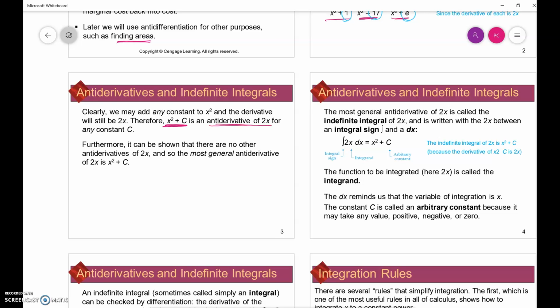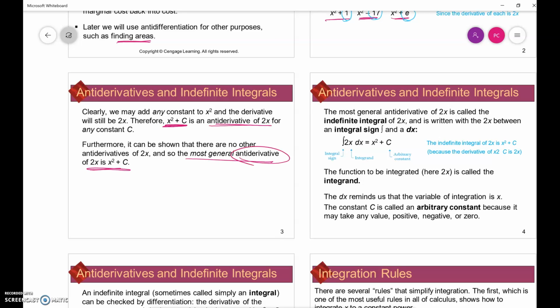And that c works for any constant, and it takes the place of what could have been in the problem. Furthermore, it can be shown that there are no other antiderivatives of 2x. And so the most general antiderivative of 2x is x squared plus c.